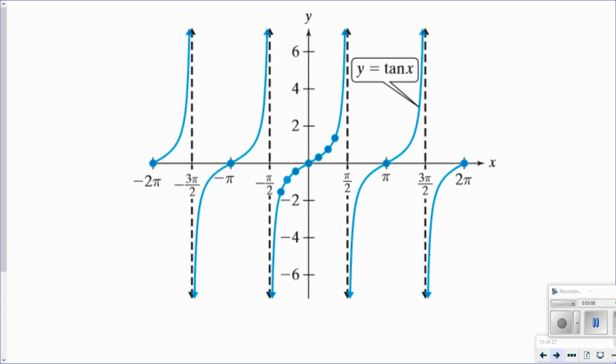The other big difference between tangent and cotangent graphs and the other ones is that the period is pi, not 2 pi. Keep that in the back of your mind when we get to doing some period changes in a minute. This is the graph of tangent. You might want to pause the video so that you can get this graphed on your parent function sheet. Then we'll take a look at cotangent.